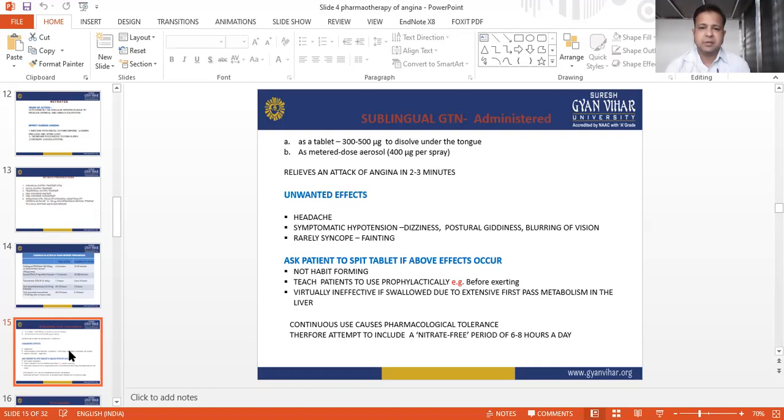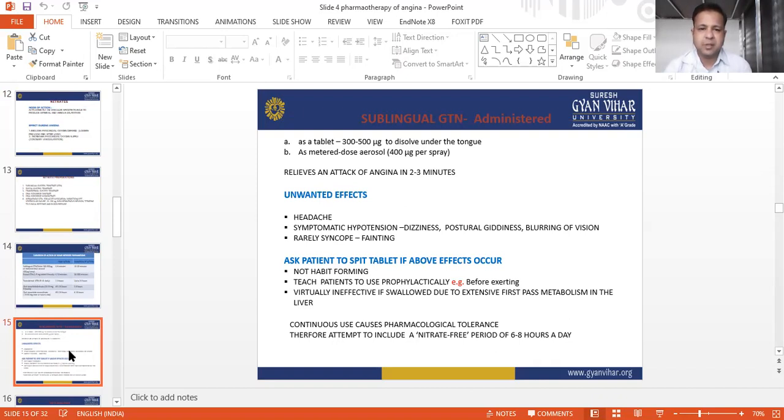The unwanted effects of this drug are headache, symptomatic hypotension, that is dizziness, postural giddiness, blurring of vision, and rarely syncope, that is fainting. Ask patient to split tablet if above effects occur.